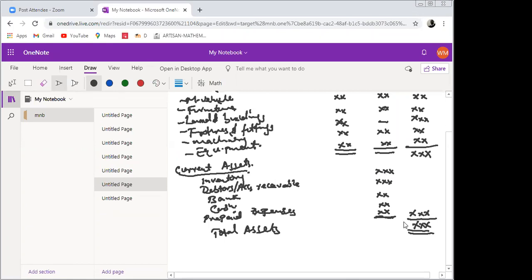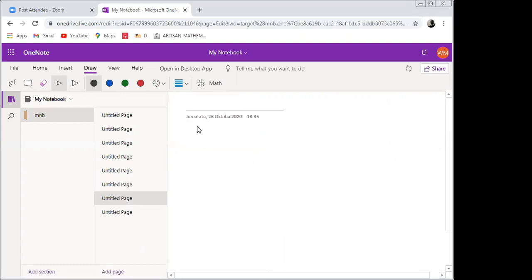So having obtained that, now you can go to the part of the capital and liabilities. Let us do it on the next page. You come here and you say financed by capital and liabilities.